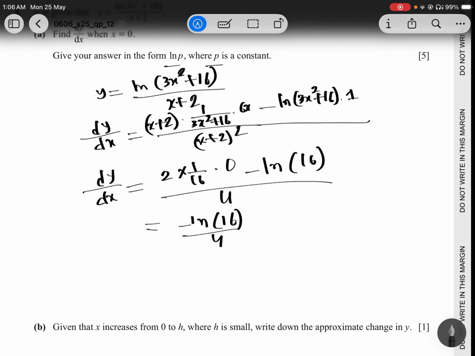So what can I do right now? 16 can be written as 2 to the power 4, right?